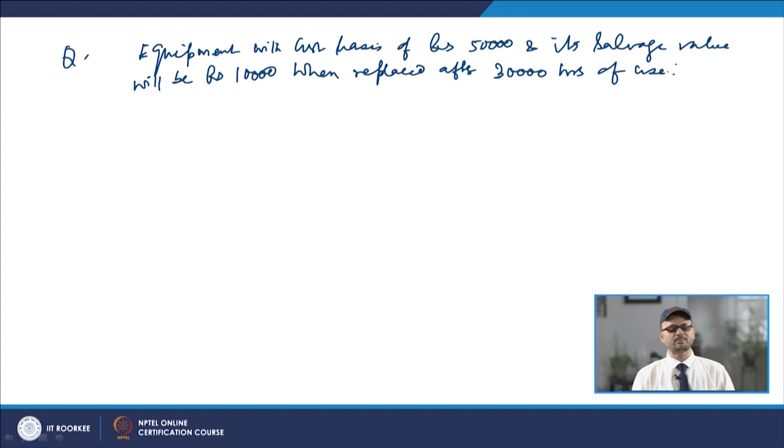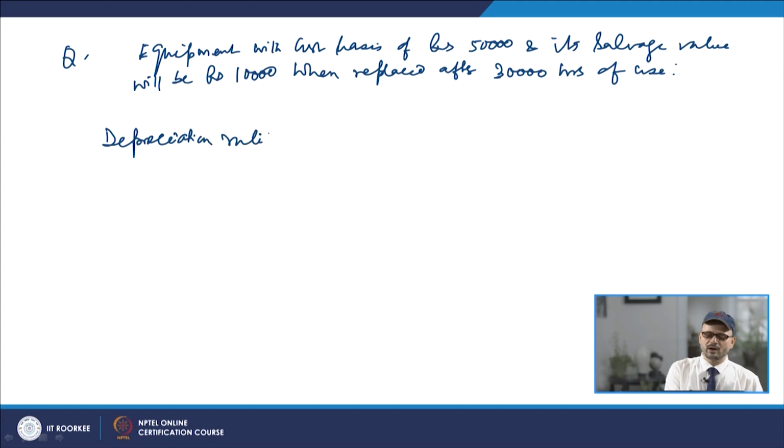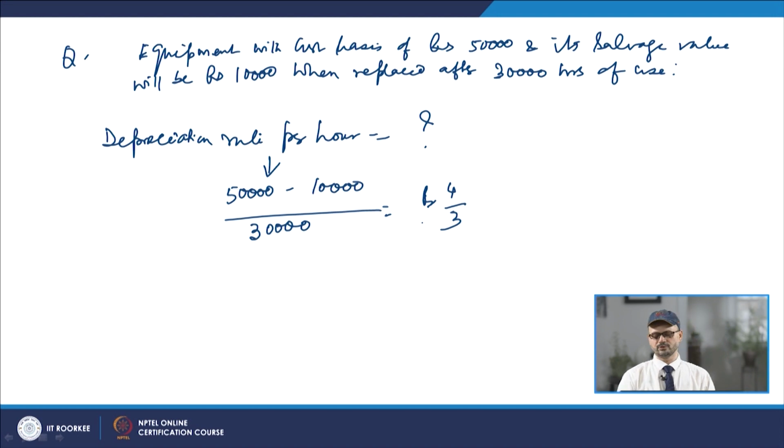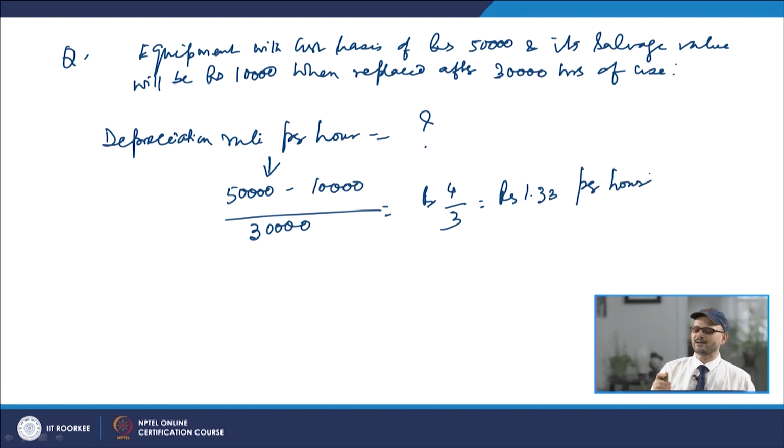Now, the depreciation rate per hour will be the first cost of 50,000 minus its salvage value of 10,000, divided by 30,000 hours. So, it is basically 4 by 3 per hour of use, so rupees 1.33 per hour. That basically will be the depreciation charge.